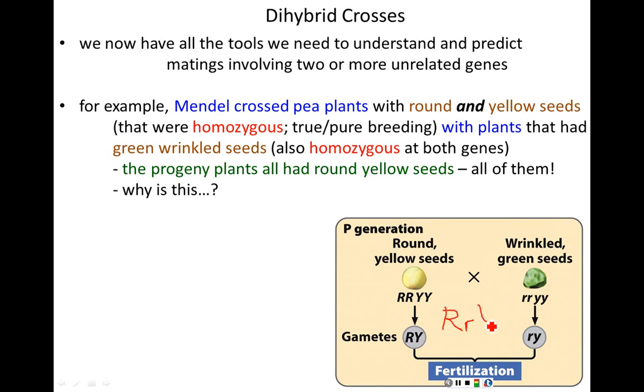This parent has nothing to contribute but a big Y allele. This parent has nothing to contribute but a little y allele. And so the only possible genotype for seed color in the F1 is heterozygotic. Every single offspring in the F1 will be heterozygotic, but all of the offspring will be round and yellow because those are the dominant traits. That's easy.